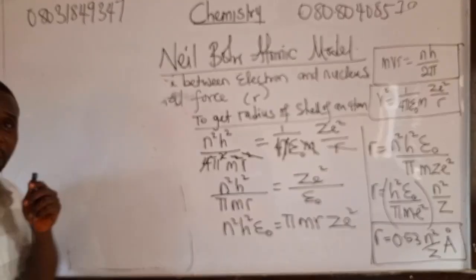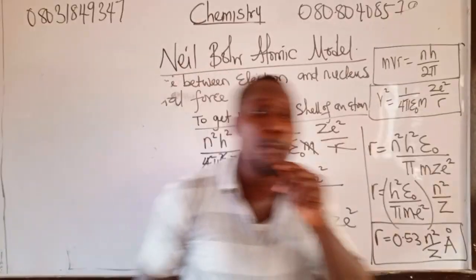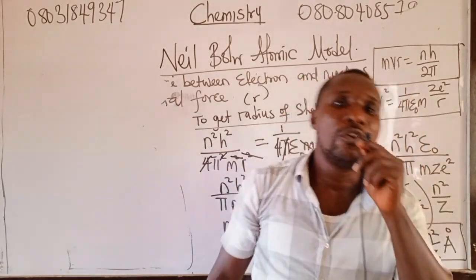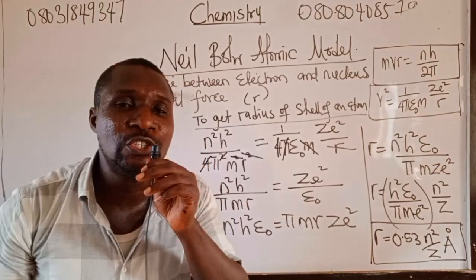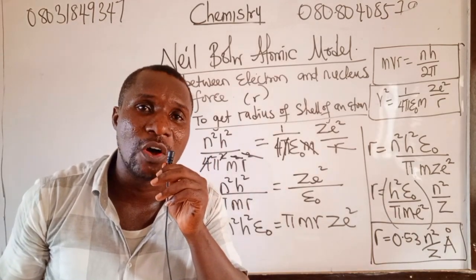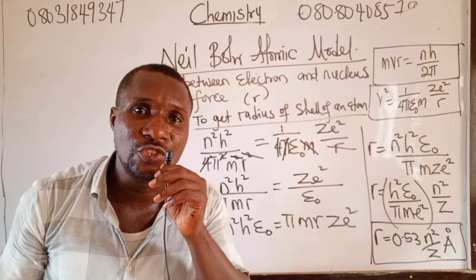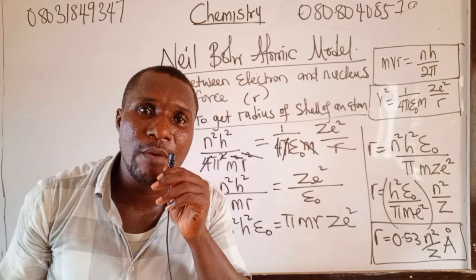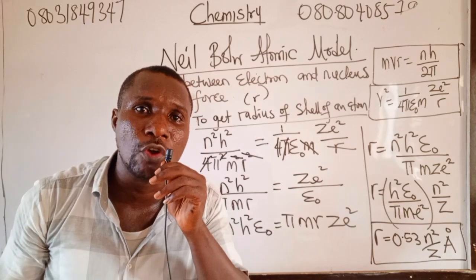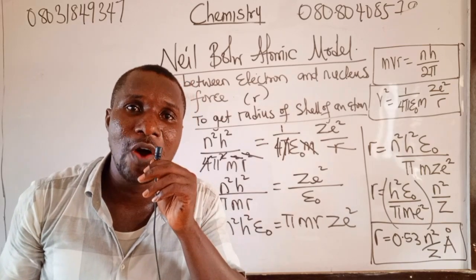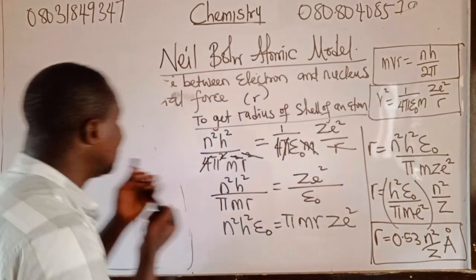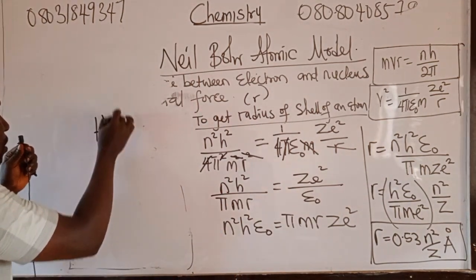And take note. This formula is applicable to the hydrogen atom. Why? The hydrogen atom has 1 electron. The Bohr atomic model is applicable to an atom with 1 electron, or a hydrogen-like atom, such as the helium ion.